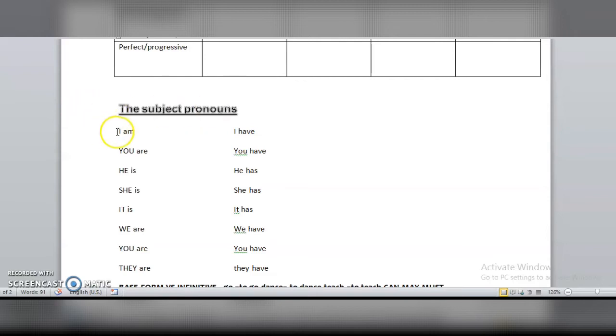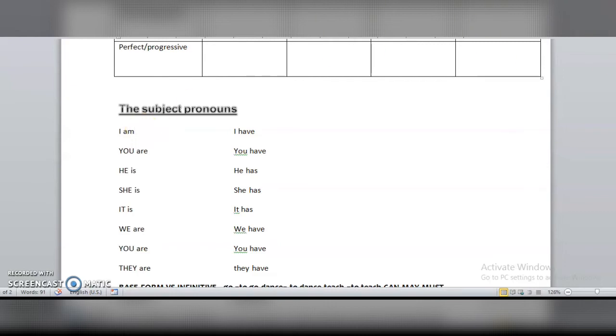So it's the reason that I get I, you, he, she, we, they. Good. Those are the subject pronouns that you can use to form, to conjugate a verb.